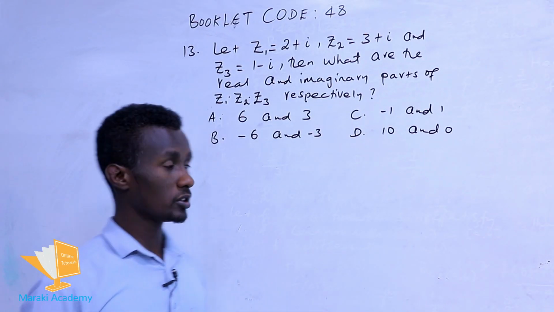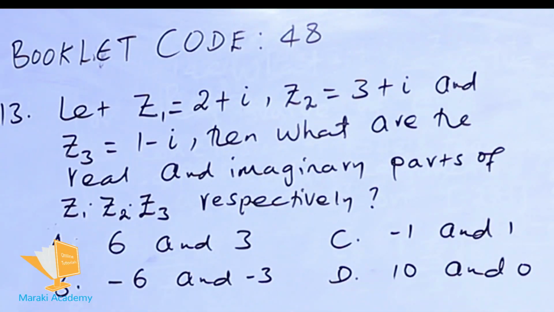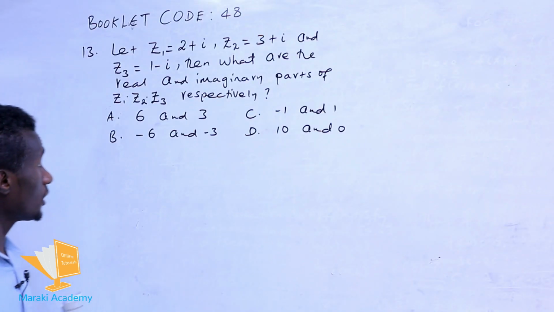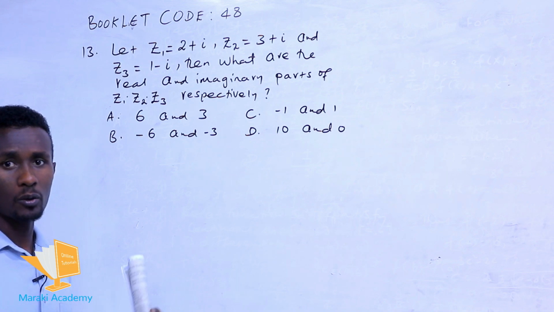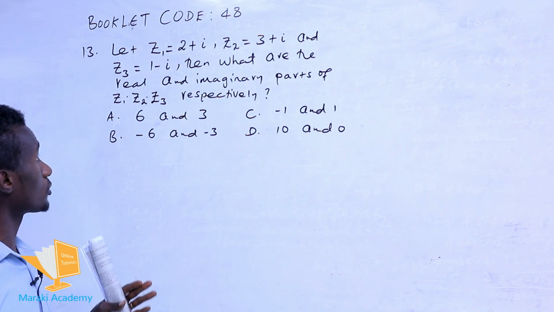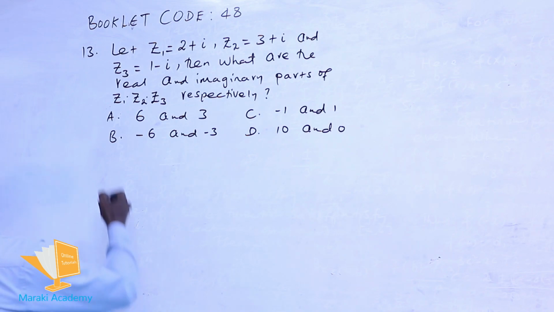Okay, question 13 is about complex numbers. We have three complex numbers: z1 is 2 plus i, z2 is 3 plus i, z3 is 1 minus i. Then our target is to find the real part and the imaginary part of the product of these three complex numbers. The complex numbers are closed under multiplication, so the product of the three complex numbers is also a complex number. Now let's see.